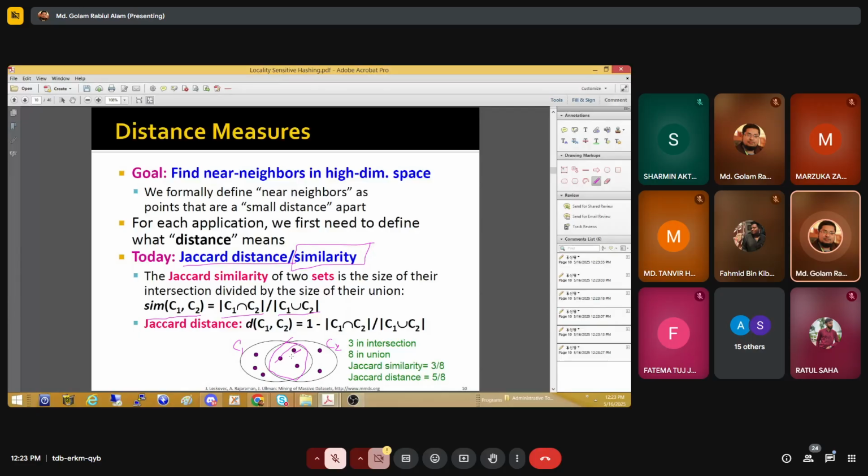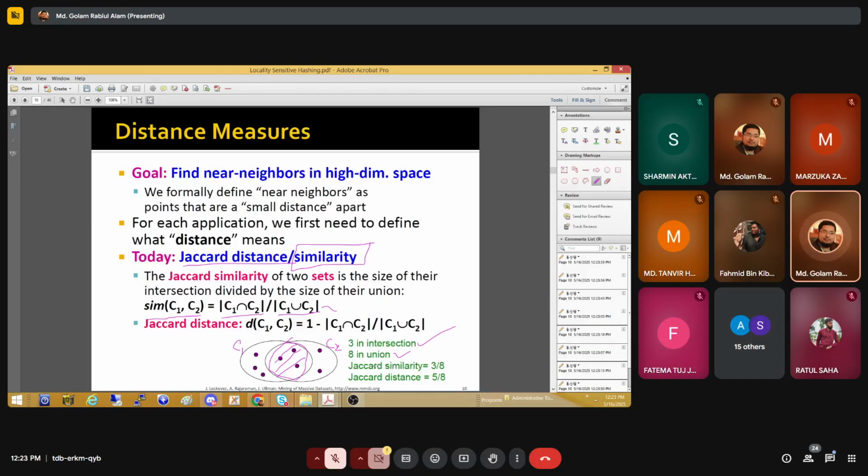And in this zone, how many do we have? Maybe you can say three intersections. So three intersections. And then here's the union of these two. That means we have a total of 1, 2, 3, 4, 5, 6, 7, 8. So in the union, we have 8 instances.